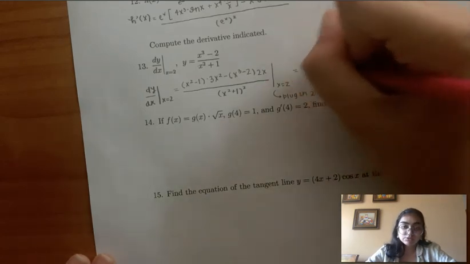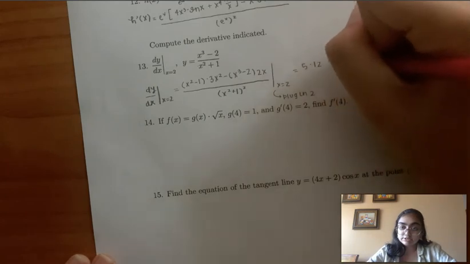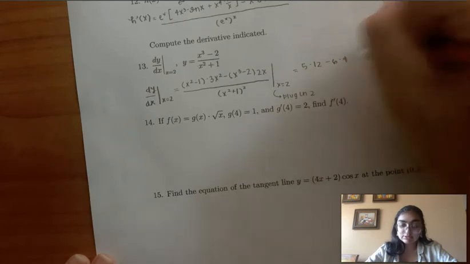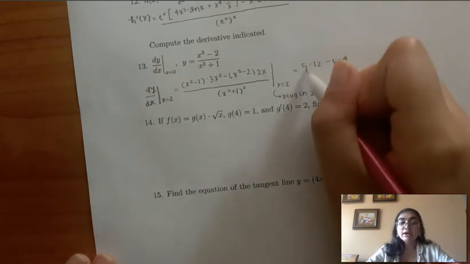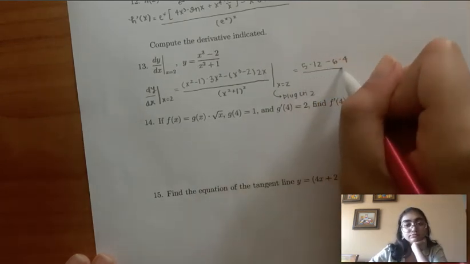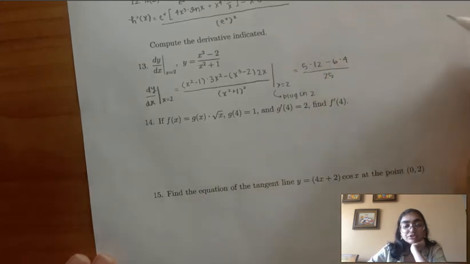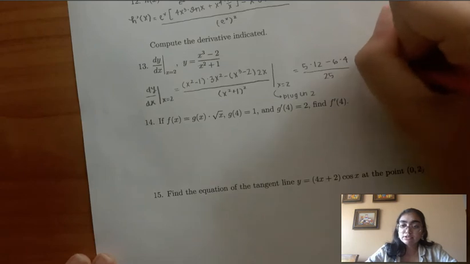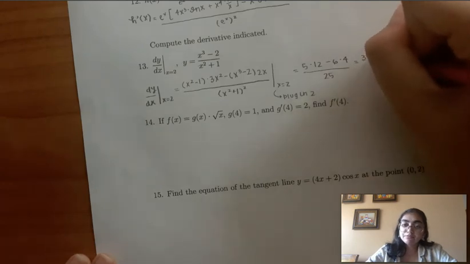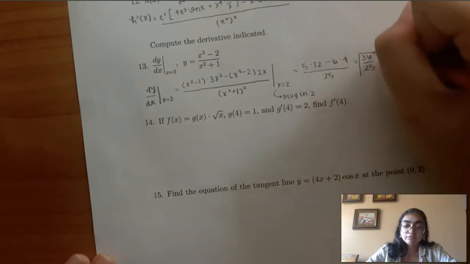And so if you plug in 2 correctly, you'll eventually get these numbers here, 5 times 12 minus 6 times 4 over 25. Which simplifies to 36 over 25. And that is your final answer.